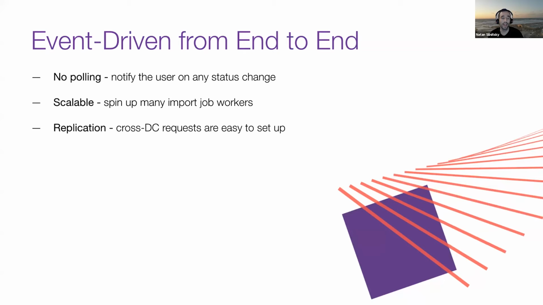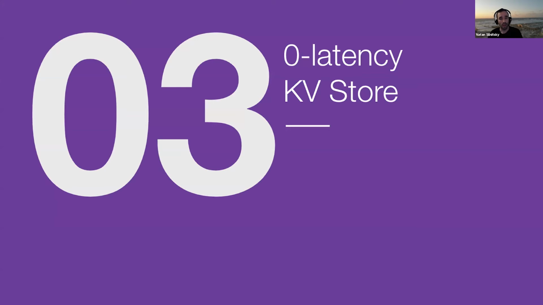And then we can easily set up replication between our data centers, between different Kafka clusters, and easily set up geographic specific location for contacts importing if needed. So it's really easy to add cross-DC communication. Great, so we have our modern event-driven style all the way from the browser to all of our microservices.